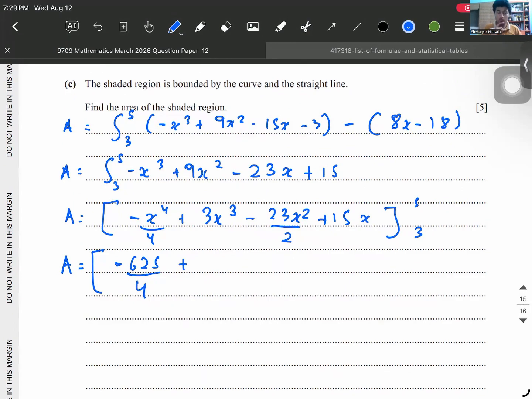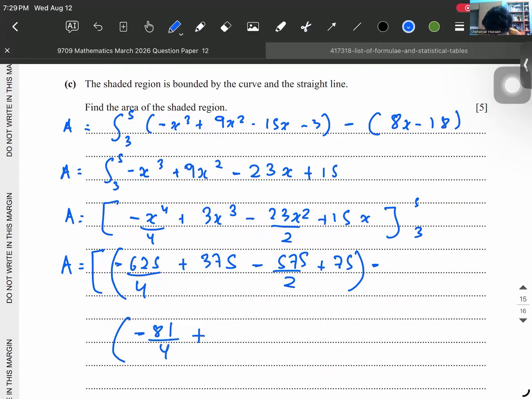Plus 3 into 5 cube, 3 into 125 gives us 375. Then we have over here 23 into 25, so negative 575 over 2, plus 15 into 5 is 75. This minus, once we input everything in 3, that turns out to be negative 81 over 4. 3 cubed is 27. 27 into 3 is 81.